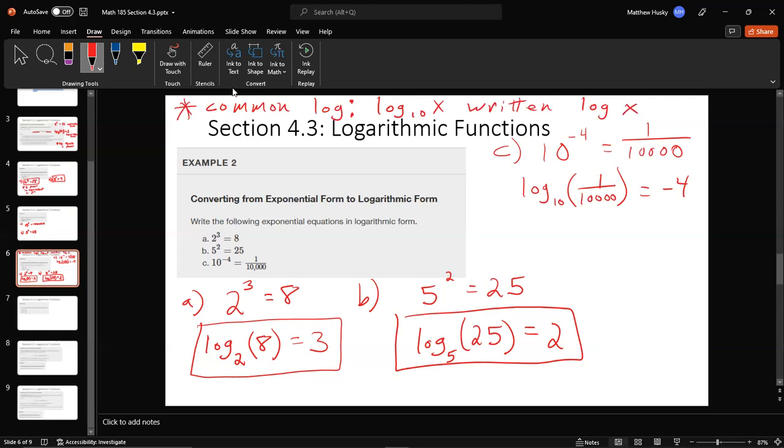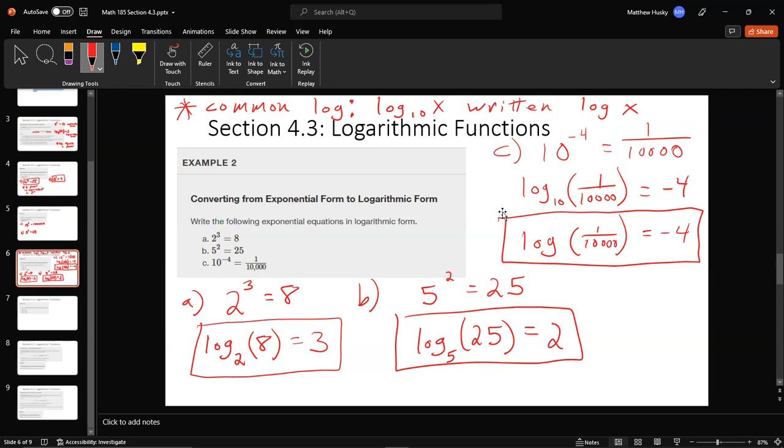So if the base is 10, usually a mathematician wouldn't bother to write that in, because log of base 10 is equivalent to just log. So this is log 1 over 10,000, and that equals negative 4. That would be what's considered the best answer, because log base 10 is usually just written as just plain old log for short.